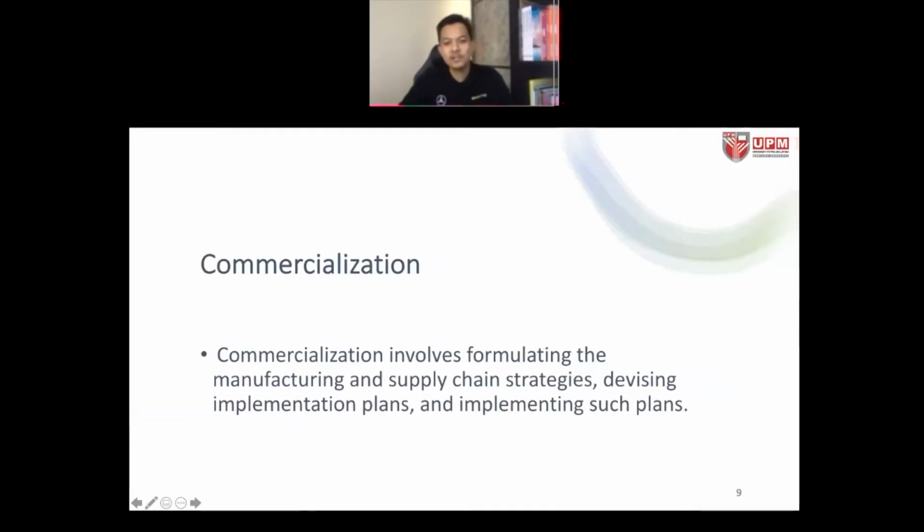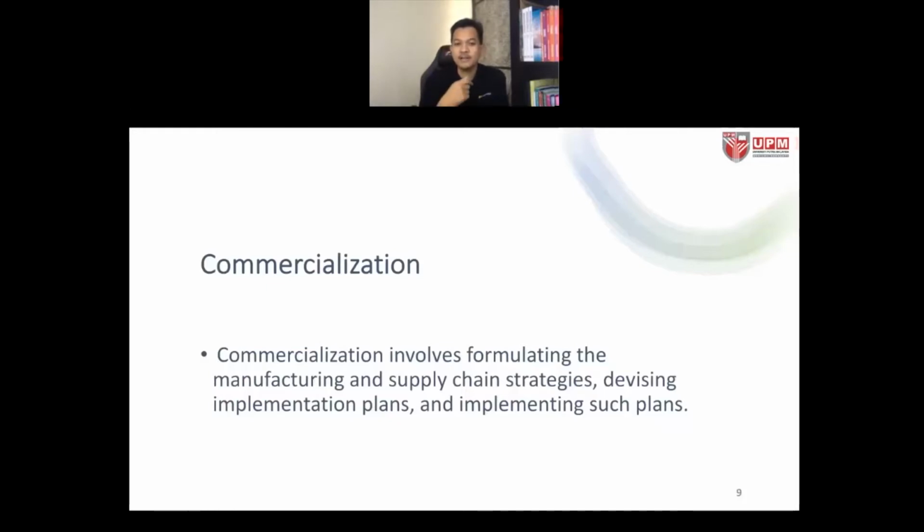Commercialization also involves formulating the manufacturing and supply chain strategies. This is very important. During commercialization, you need to identify the raw materials needed, how many manpower you are going to employ, and dedicate the team, and also find out the supply chain strategy, whether you are going to market it yourself, outsource it, or use different strategies in order to commercialize your product.